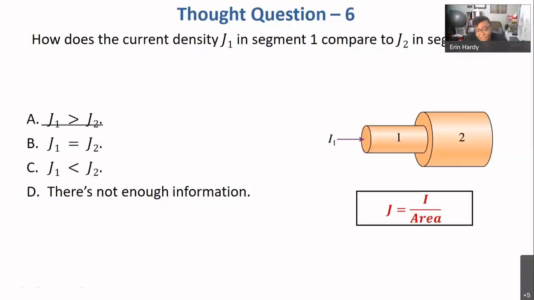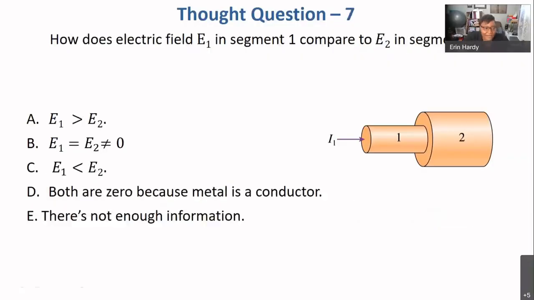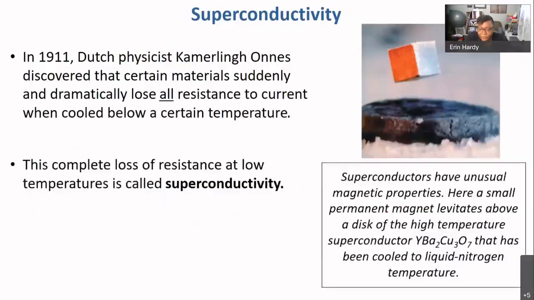The electric field is the current density divided by the conductivity, and the conductivity is the same for each one. The wire segment that's got the larger current density is also going to have the stronger electric field. And all we needed to evaluate here was sigma times E.